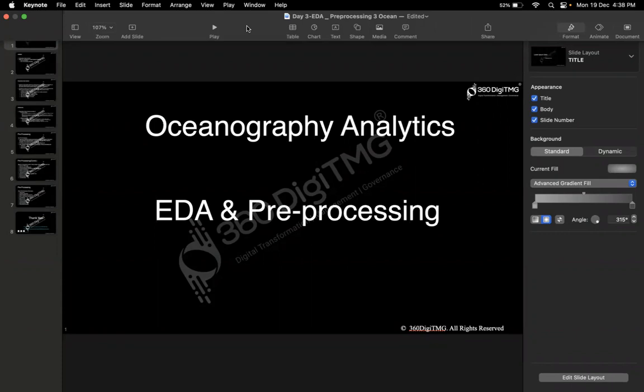In that we have data integration. So let us discuss a few points on data integration.